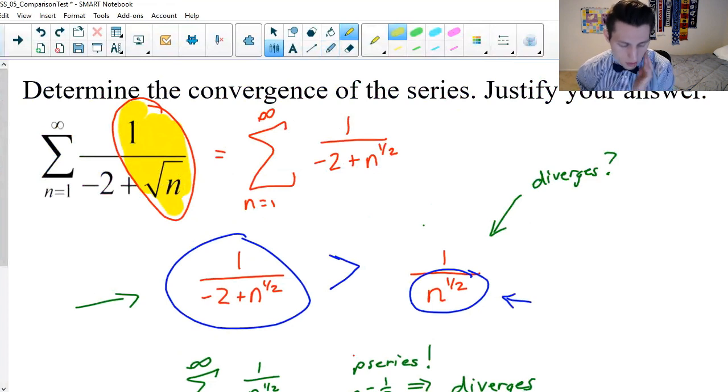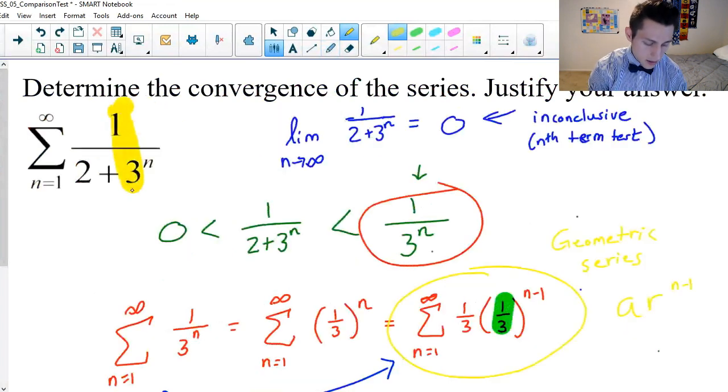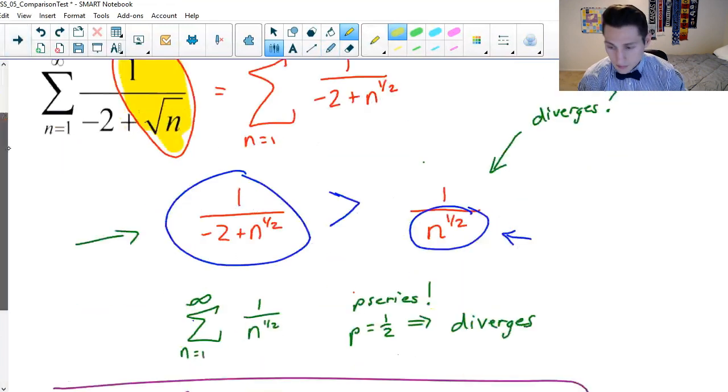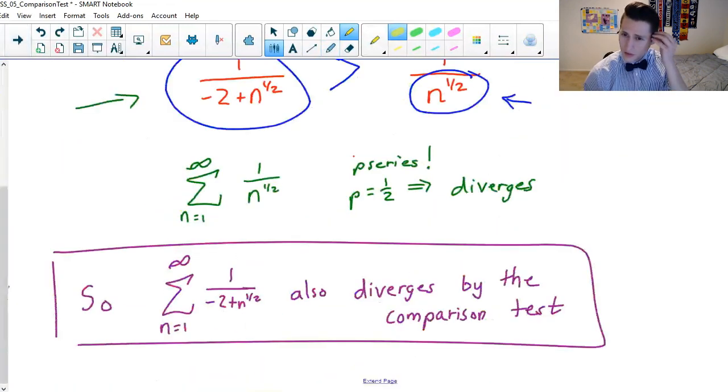On this last problem, I first had to recognize that if the series were just this, I could turn it into a geometric series, something I know. We just had to get rid of the negative 2. So we have to have the knowledge of those other types of series in our brains so that we can say, if I just compare it to this, I can figure out if it diverges or converges, because it is a p series, a telescoping series, a harmonic series, etc.